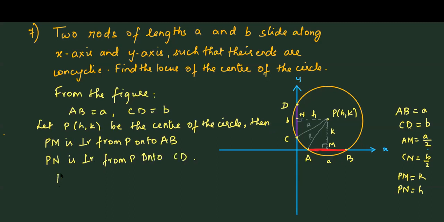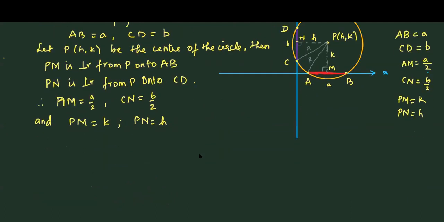So this gives AM equal to a by 2, CN equal to b by 2, PM equal to k, PN equal to h. Got it? Now look at the figure.